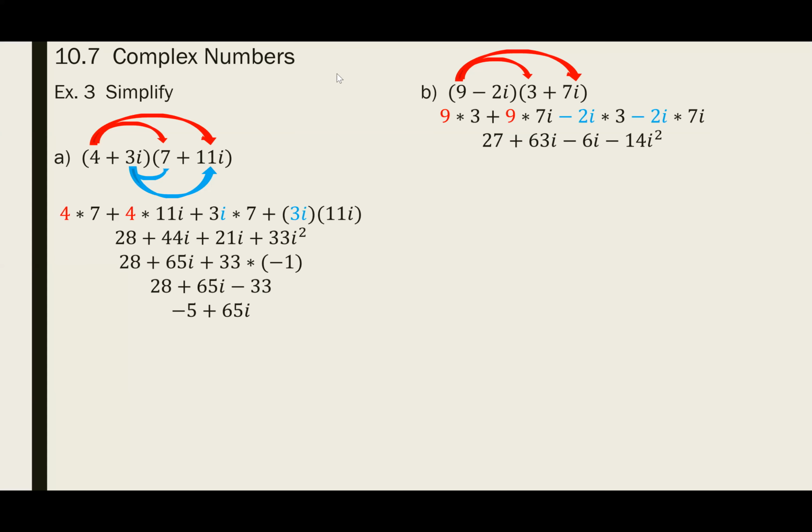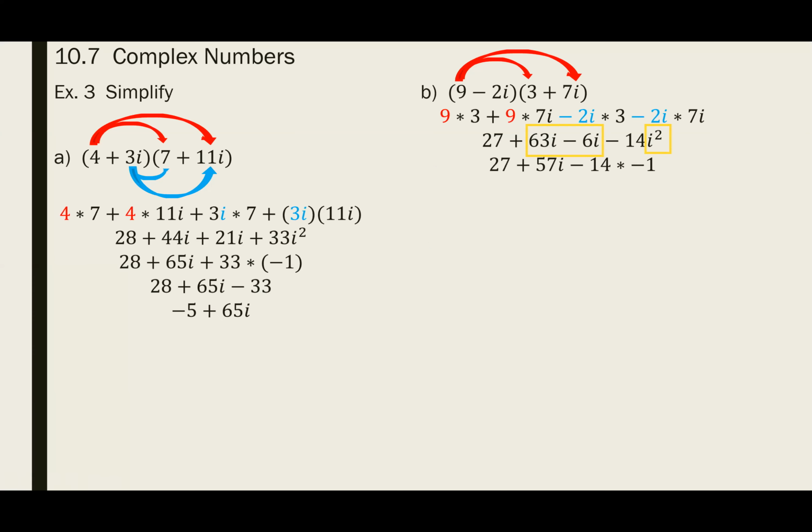What do I need to do? The only thing you need to do is combine like terms. In this case, the i terms are your like terms. And because there's an i squared, we need to convert that to become a -1.